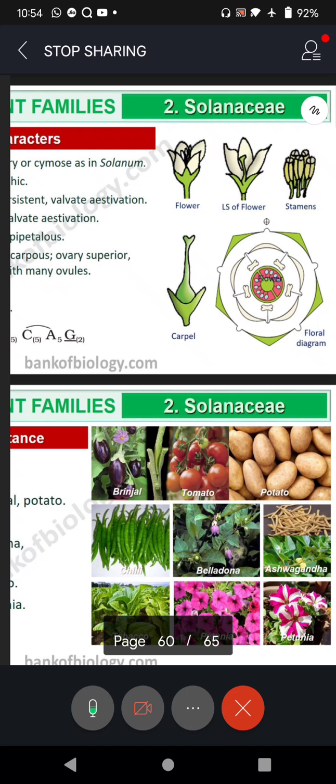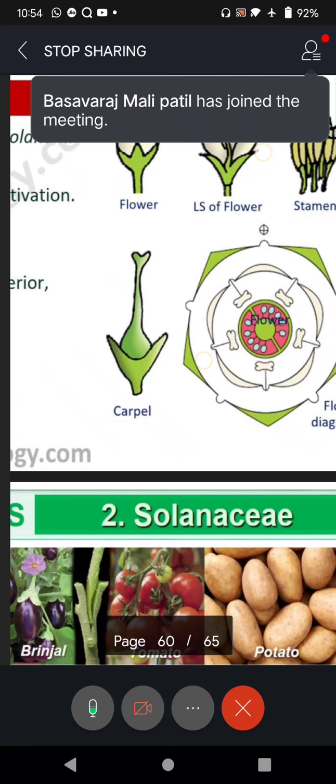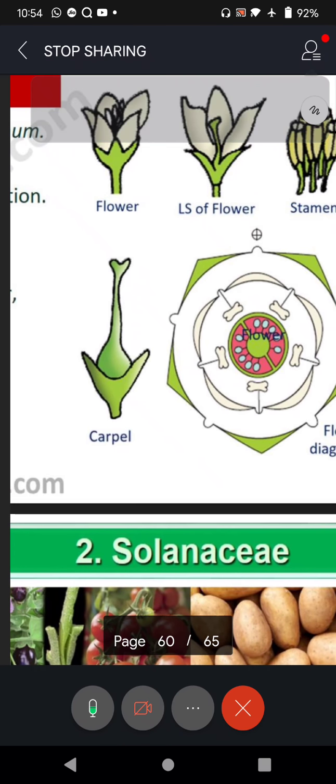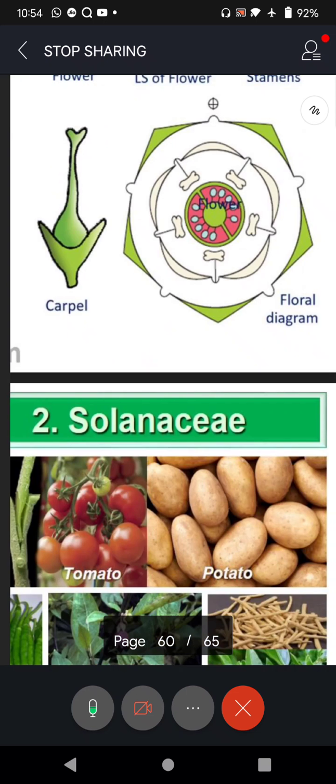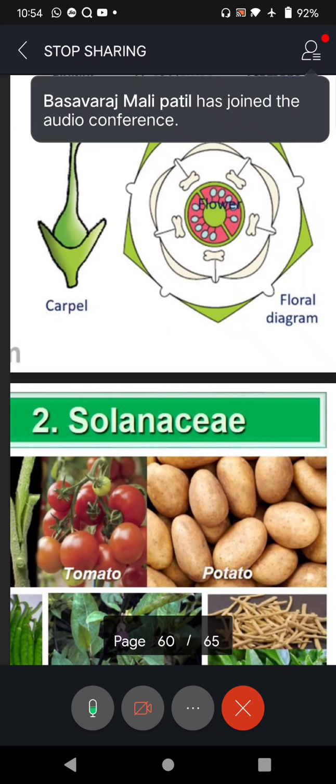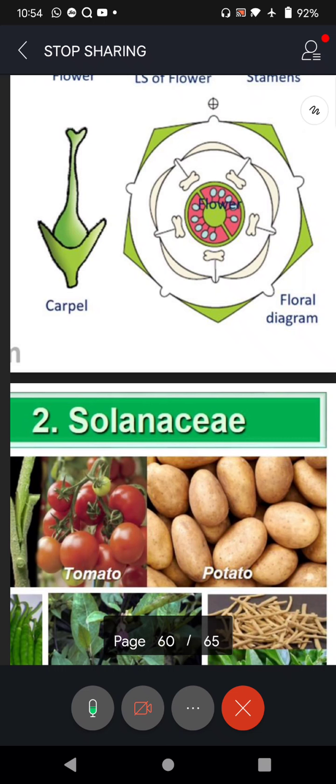How do you draw? First, see on top of the diagram, I am just expanding it. Yes, I will just bring it to the side. Now you can see there is a plus mark on top of it. What does that indicate? Actinomorphic flower.